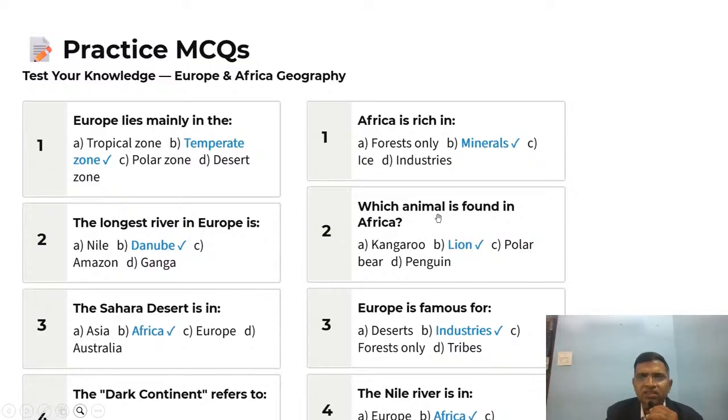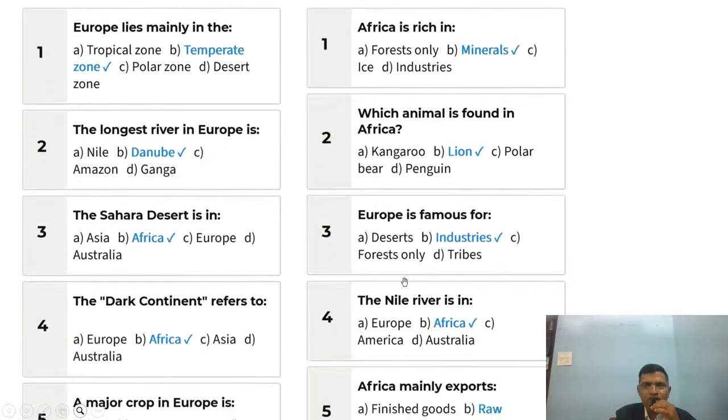Africa is richest in forests only, minerals, ice, or industries? The right answer is minerals. Which animal is found in Africa: kangaroo, lion, polar bear, or penguin? The right answer is lion. Europe is famous for deserts, industries, forests only, or tribes?